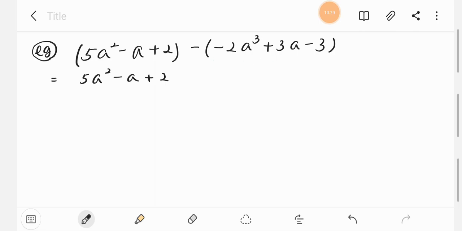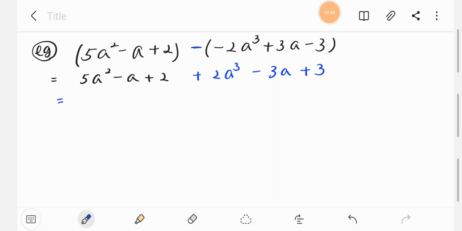The second polynomial has a minus sign in front, which means the opposite of this polynomial. Change the sign of each term inside the parenthesis. So negative 2a cubed becomes plus 2a cubed, 3a becomes minus 3a, and negative 3 becomes plus 3.